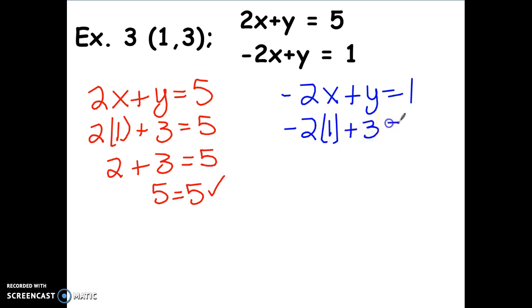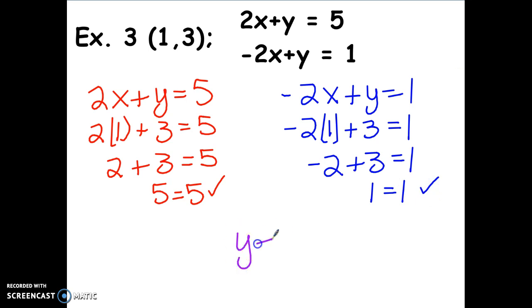In place of y, 3. Negative 2 times 1 is negative 2. Negative 2 plus 3 is 1. So for our final answer, we should have gotten yes. Hopefully most of you guys got the correct answer. If not, you got one more shot.